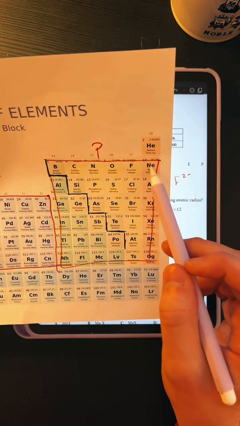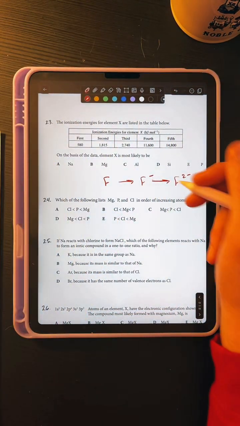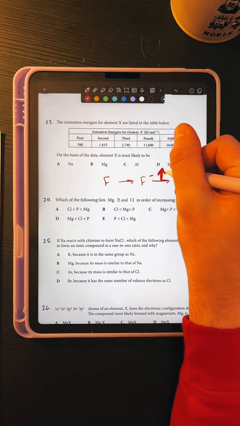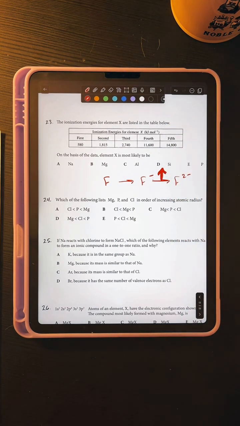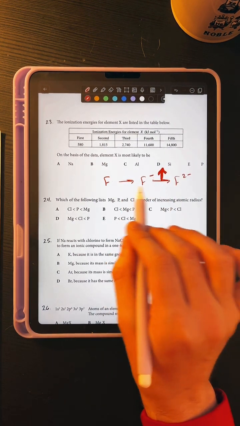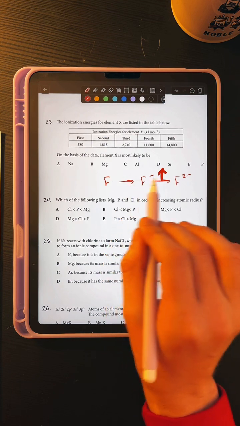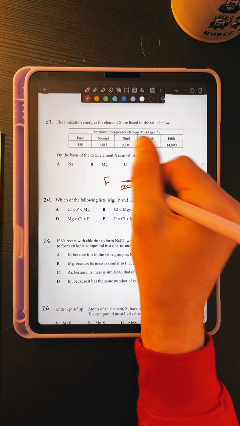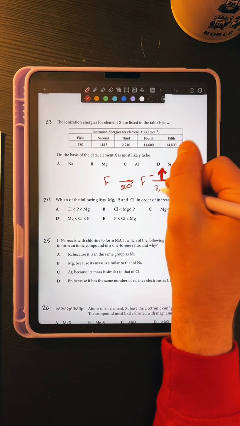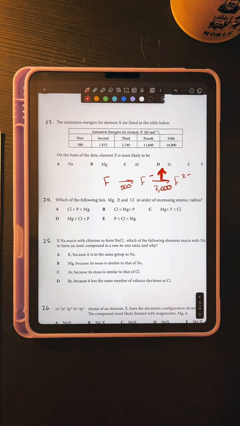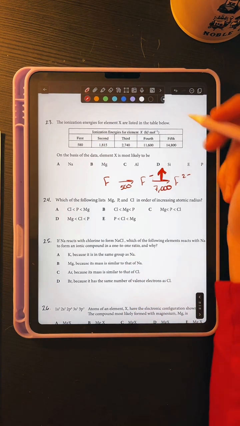So if we want to add another electron on here, the amount of energy that we're going to need is going to be significant. It's going to be so much energy that we need to put in. So this would be our second ionization energy, but we would see a huge jump between the first and the second. So we would see maybe like 500 versus like 7,000. We would see a huge jump in energy needed because it doesn't want to do that.